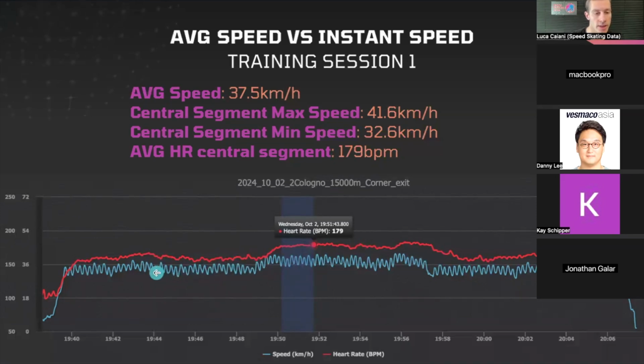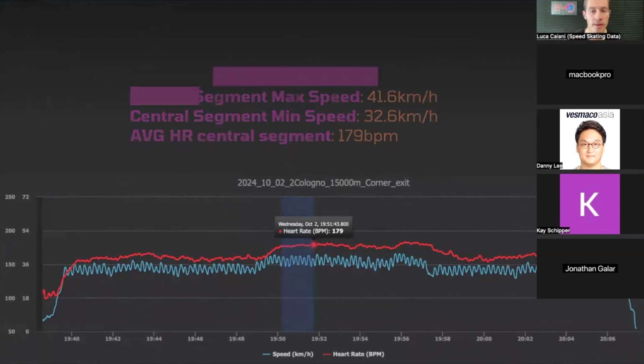So the skaters were required to accelerate, stop, accelerate, stop, accelerate, stop at every corner. If you look at AVG speed, it is around 37 kilometers per hour, but we got a max speed of 41 kilometers per hour and the lowest speed at 32 kilometers per hour. And if we look at the middle segment, the fastest one, you will see an average heart rate of around 179, 180 BPM.